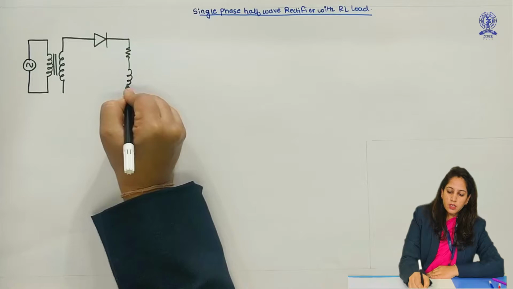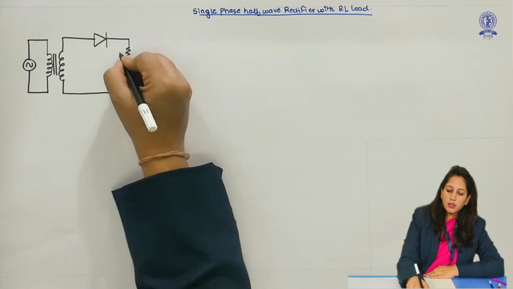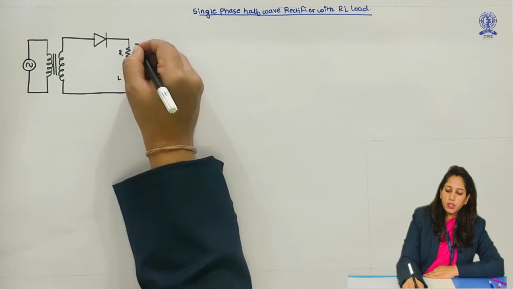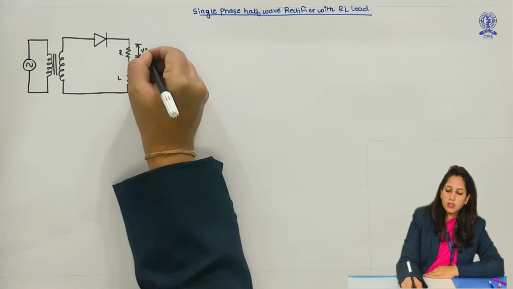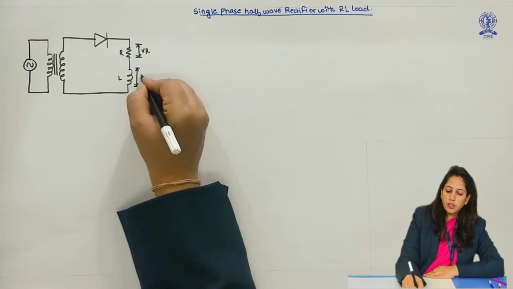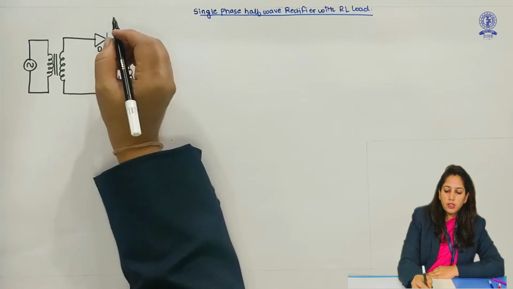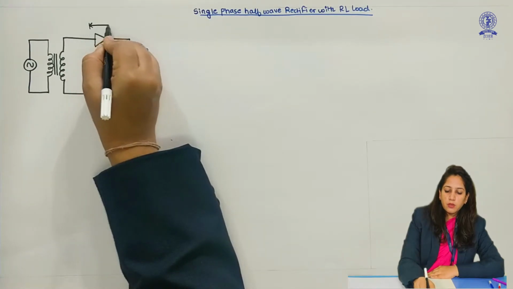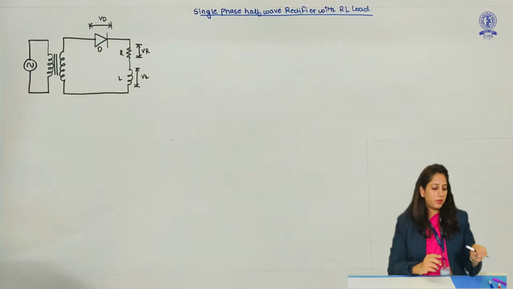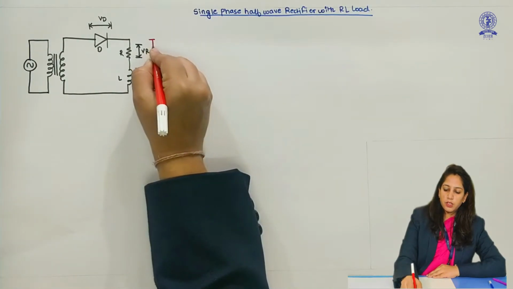So resistance and inductance are in series here. This is R, this is L, this will be voltage VR across this resistance. There will be voltage VL across this inductance. This is diode D, and the voltage across this diode will be VD. Here I will be getting an output voltage V0.